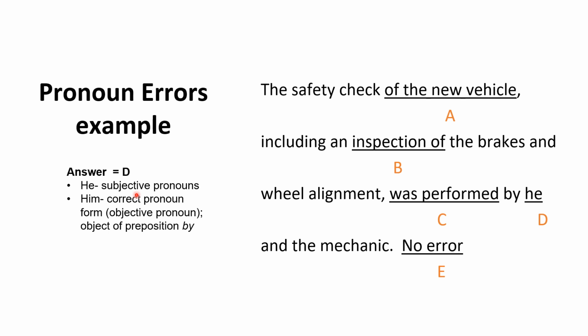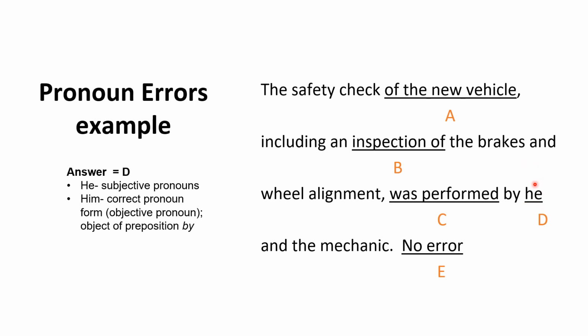Nominative pronouns are used as subjects. Okay? This is not the subject of the sentence. This is the subject of the sentence. Okay? So we should not use a nominative or a subjective pronoun here. Another clue is that we have the preposition by. So since we have a preposition here, then the pronoun should be an objective pronoun.